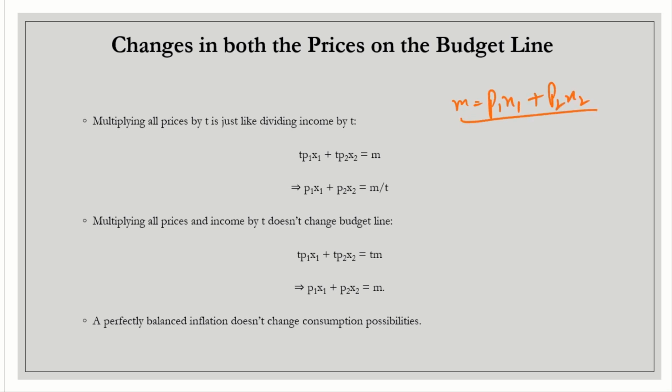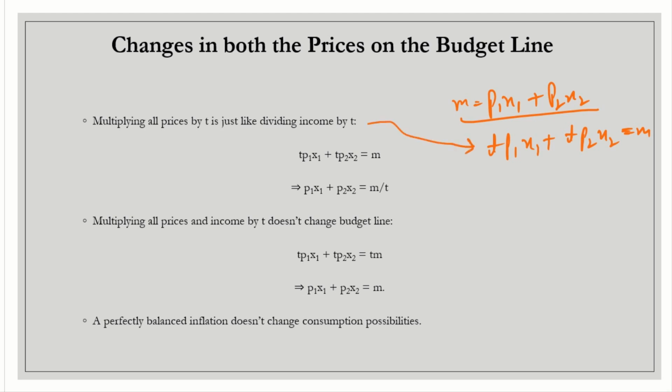Now it is saying let us multiply all the prices by T times, and it's similar to dividing everything by M itself, the income. How? Let us see. Say I am multiplying the price P1 by T times the amount of good x1, plus T times P2 x2, and this is equal to M.